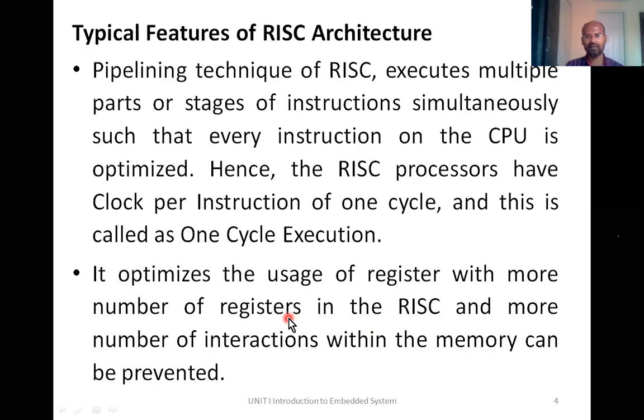That many registers are not there in CISC architectures. In CISC, if you want to add two numbers, those two numbers may be present in memory. CISC instructions directly access the memory contents, which is a little slow, and RISC is faster because all the instructions access the registers. There are plenty of registers to make use of, so it is a good optimization, and more interactions with the memory can be prevented.